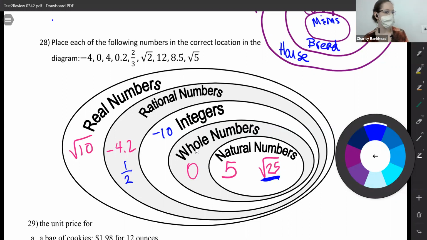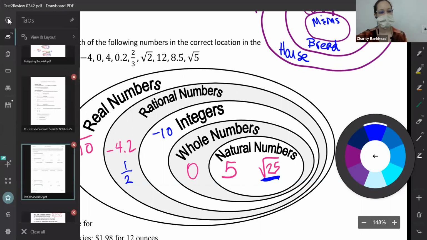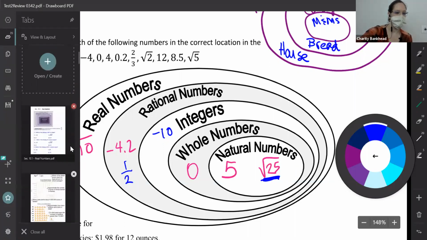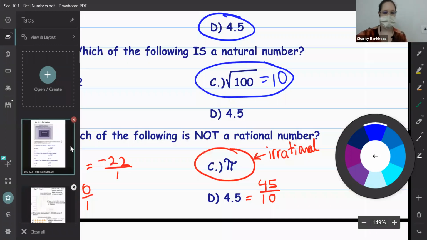Okay. Any other questions about this? Okay. Let's look at the notes again.